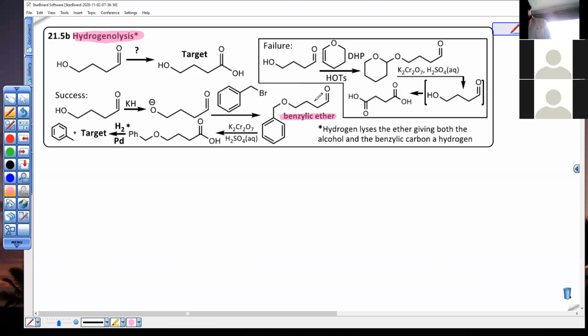Oxidation of your aldehyde, your ether will not be touched. You don't need heat during this reaction because aldehydes are easily oxidized with chromic acid. And then what happens during hydrogenolysis is exactly what the name says. You're going to lyse the benzylic ether and put a hydrogen on each side.